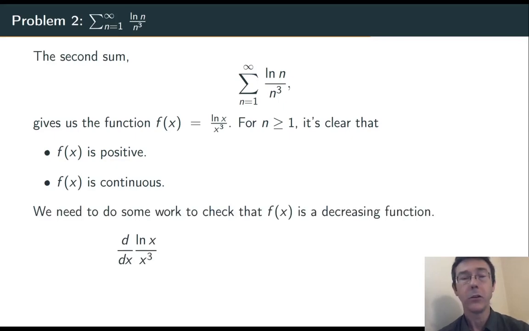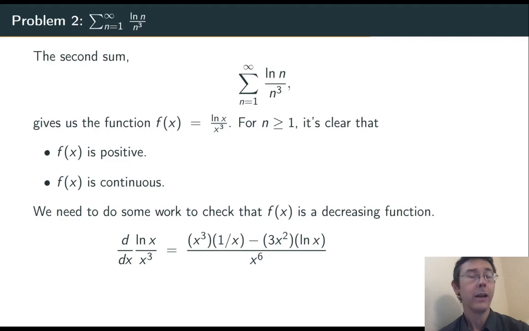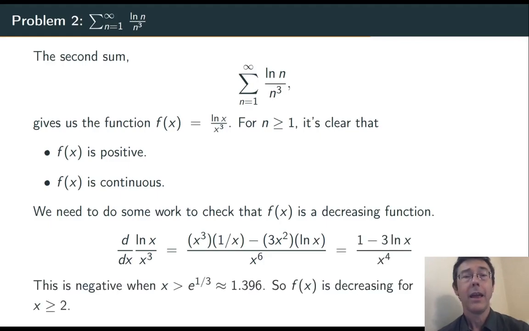Finally, is it decreasing? So again, we need a derivative, and we need to see where the derivative is negative. Quotient rule, low d high minus high d low, over the line square below, and a little bit of simplification gives us 1 minus 3 natural log of x over x to the 4th. So the function is going to be decreasing where this numerator is negative, 1 minus 3 ln x less than 0.